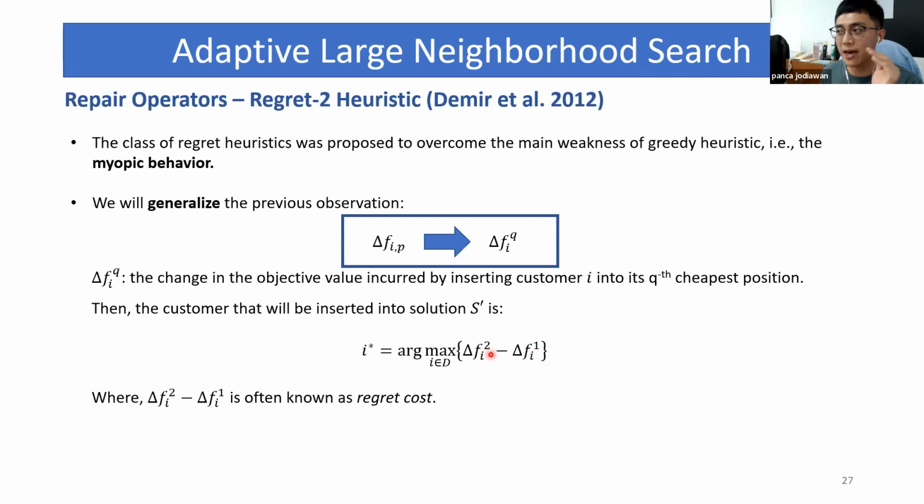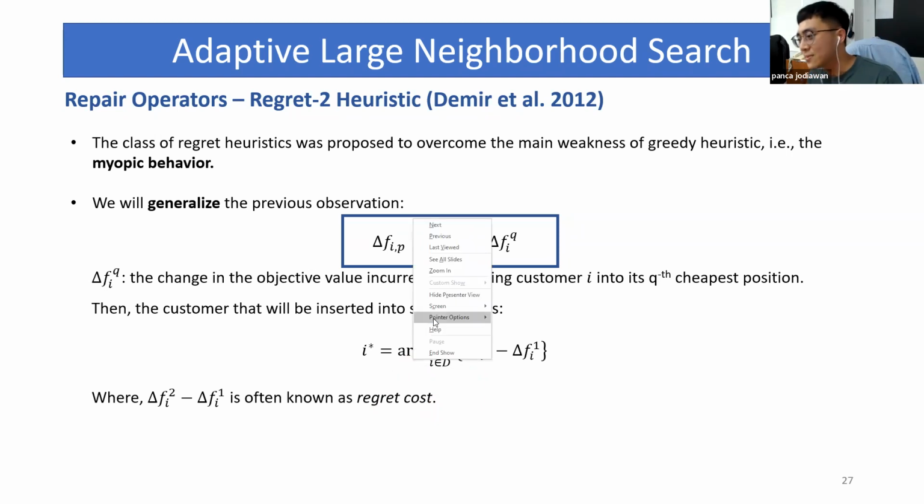Okay, the second best insertion minus the first best insertion. Then we take the customer that results in the highest value of this calculation. Then this calculation itself is often known as regret cost. Okay, in this term, we call it regret cost. I'm not sure in other areas how they call them, but in here we call it regret cost.